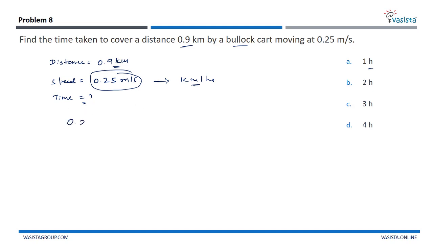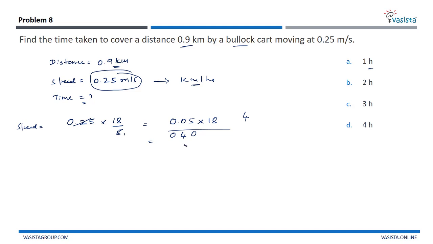To convert speed to kilometer per hour, you need to multiply by 18 divided by 5. Now simplify it. 5 ones are 5, so 0.25 becomes 0.05, multiplied by 18. Now multiply it: 8 fives are 40, 8 zeros are 0 plus 4 is 4, 8 zeros are 0.